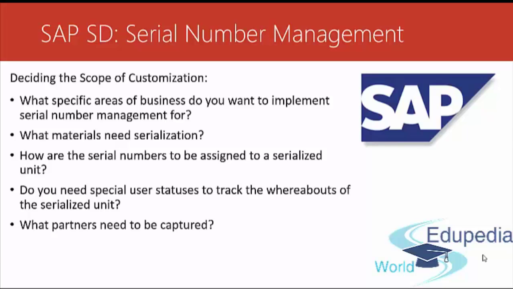And the last question is, what partners need to be captured? For instance, do you want to capture only the sold-to party in the serial number master record? Or do the business requirements also call for capturing the retail partner who sold the serialized unit to the end customer, or the authorized service partner who will service the serialized unit for that region?